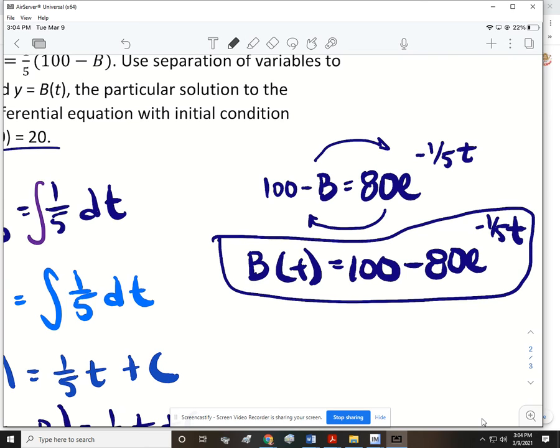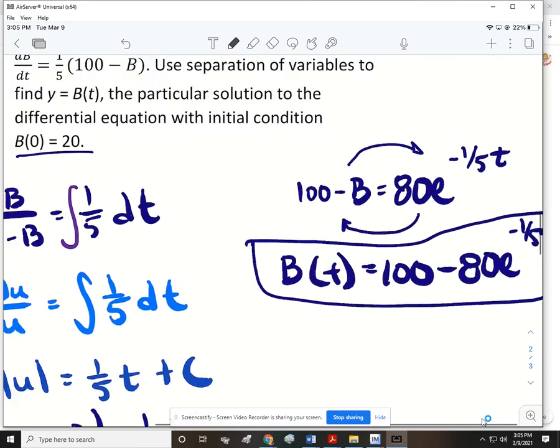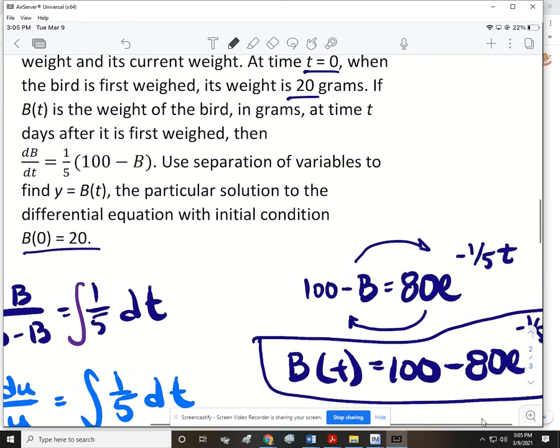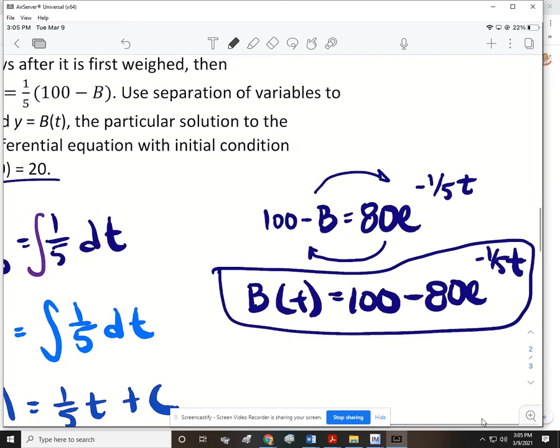Now, lots and lots of people want to subtract 100 minus 80. But you can't, because that 80 has that e attached to it, so that e and the t, they're not like terms. So this is as far as you can go. So this will give you the weight of the bird t days after its first weigh.